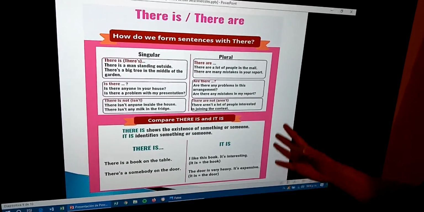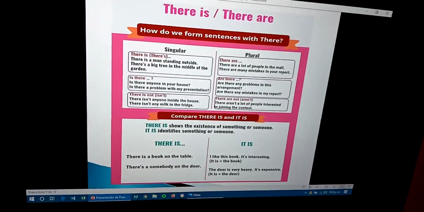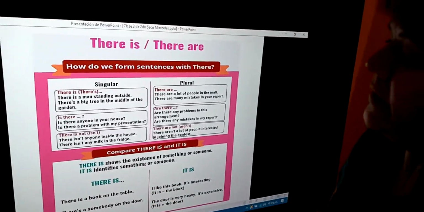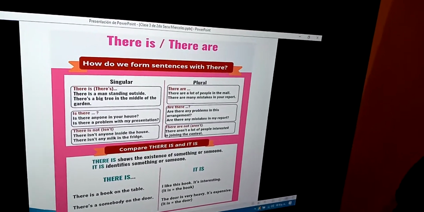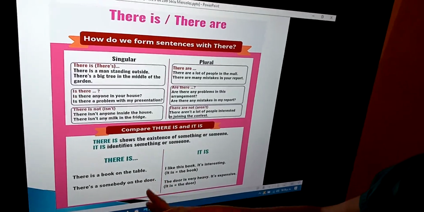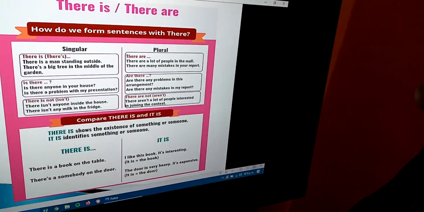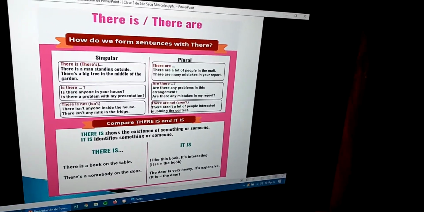For example: There is a book on the table. Another one: there is somebody at the door.